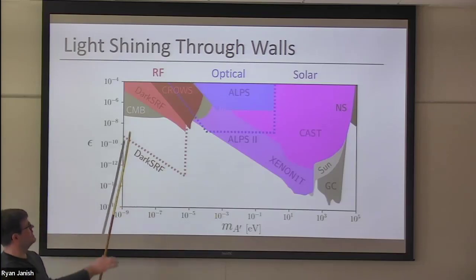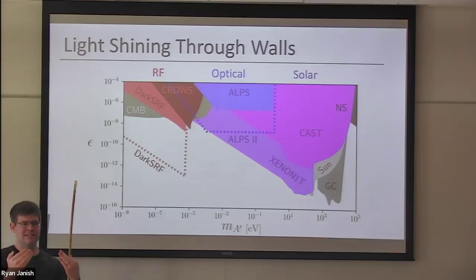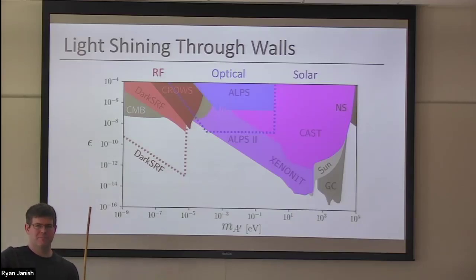That's essentially what these CMB bounds are saying: as light propagates to us, it's going to mix into the hidden photon, which then has a different phase velocity. That tells you that different frequencies of the CMB travel at different speeds to get to us, and that mixes, so you no longer see a thermal spectrum.